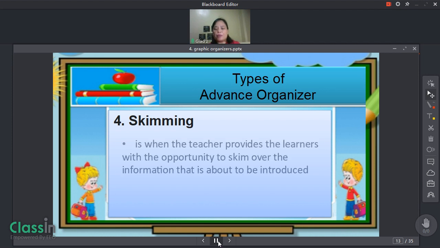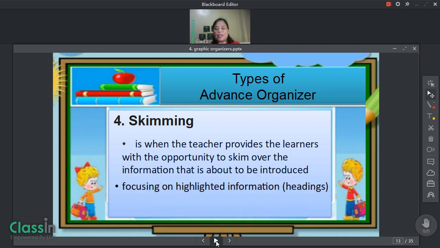Okay. And then next we have the skimming. Skimming is when the teacher provides the learner with the opportunity to skim over the information that's about to be introduced, or to look at the whole story or the whole information, focusing on highlighted information or headings.